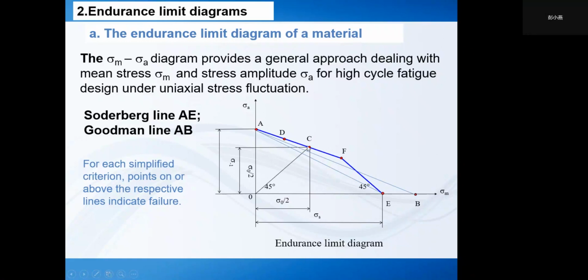In this curve, we have two lines, the Soderberg line AE and Goodman line AB.